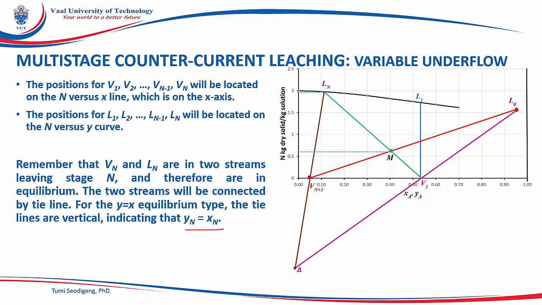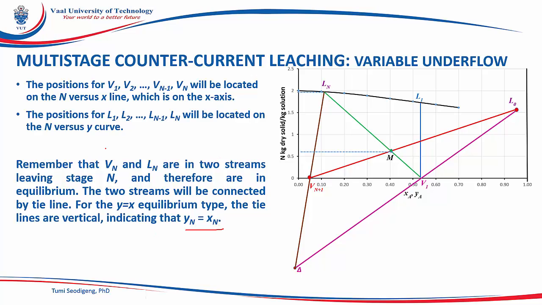The 2 streams that are in equilibrium are connected by a tie line. So for an equilibrium type of y equals x, as we have stated in the first lesson, the tie lines for this equilibrium are vertical, indicating that yn is equal to xn.